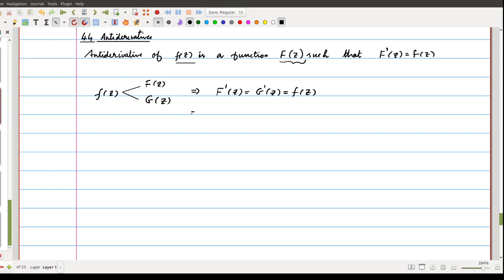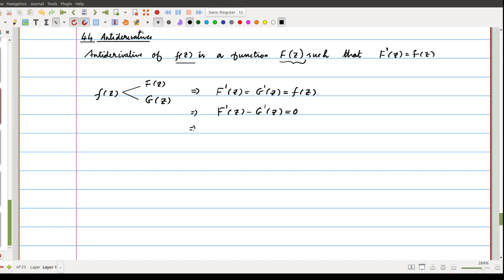So the difference between these two, capital F dash of z minus capital G dash of z, will be 0, as the derivatives are the same as this small f of z.